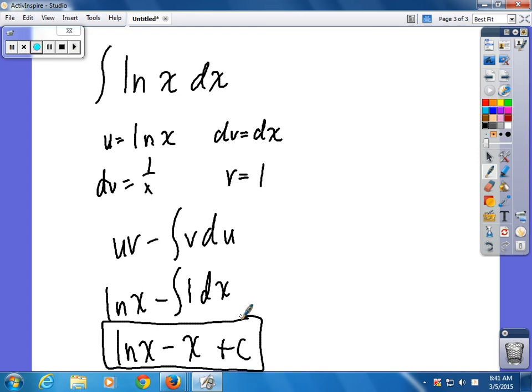Should be x natural log of x minus x. You put up 1 for... There it is. So that should be dx, right? That should be x here.